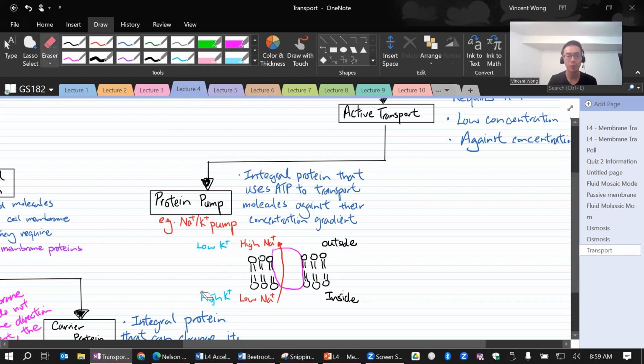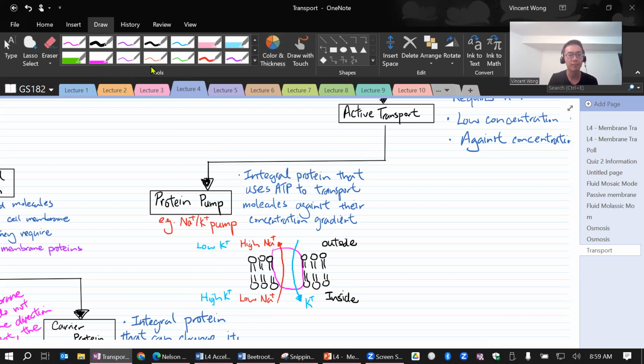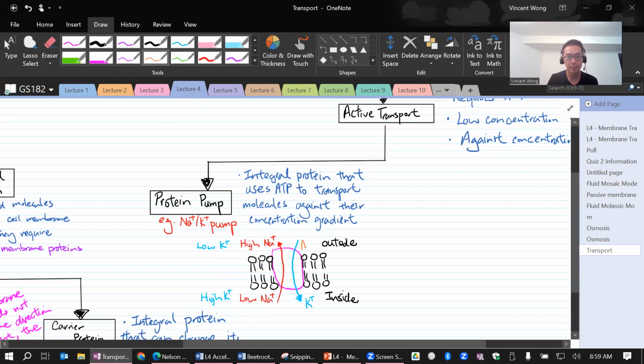And at the same time, we want to have more potassium on the inside, so we're bringing it in. So for this to work, again, you would need to have ATP used.